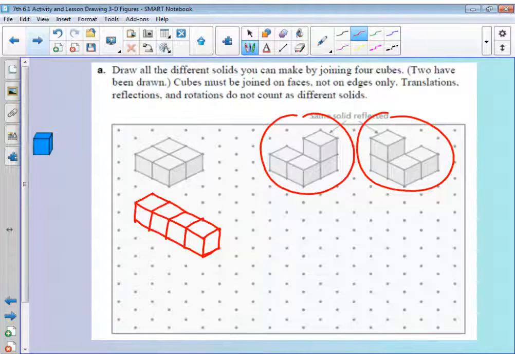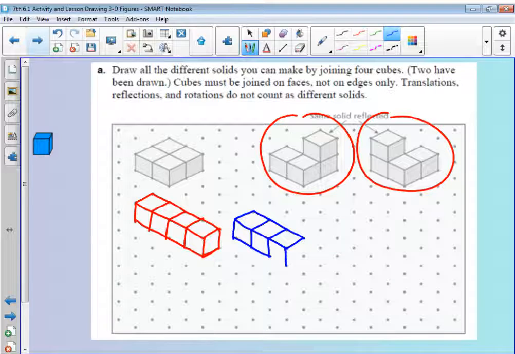So there's a figure that I could have, where I have 4 blocks right side by side. Maybe another figure I could do is kind of like an L shape, where I've got 3 and then 1 sticking off the edge. So maybe I could draw it like this, 3 blocks long, and then maybe 1 block coming off of one of the ends.